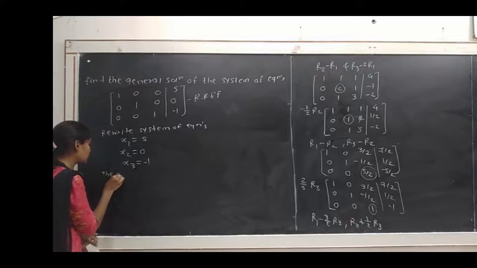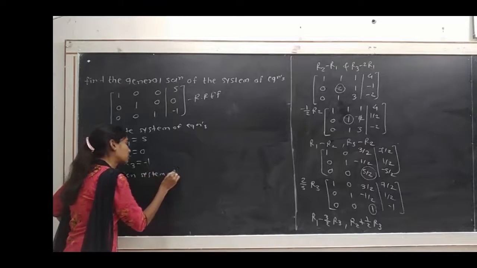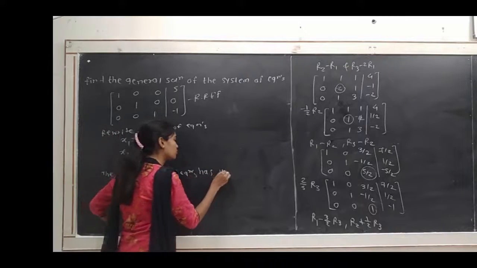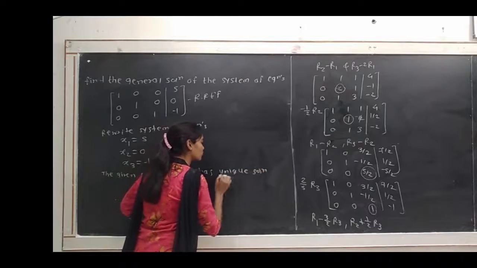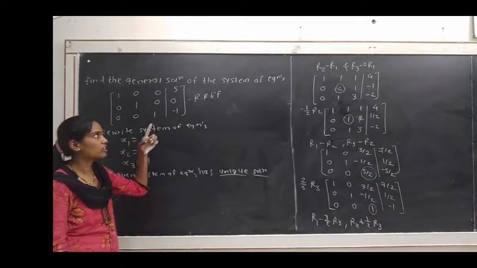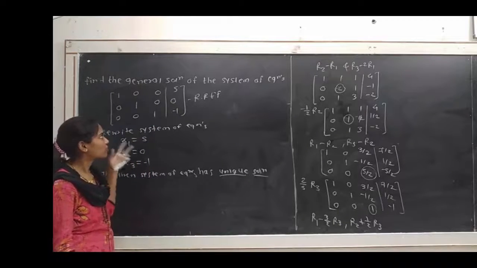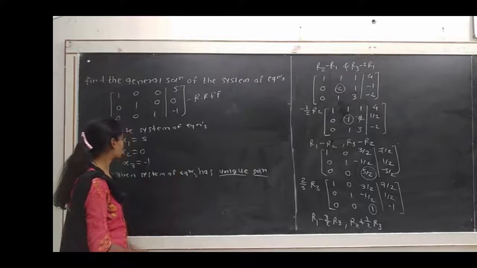The given system of equations has a unique solution, because by reducing it into the reduced row echelon form we get 3 equations, and the number of variables is also 3, so we get the unique solution directly.